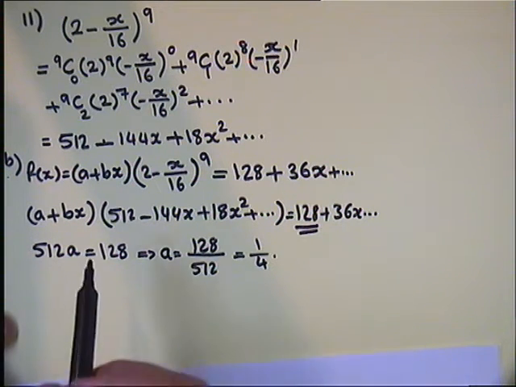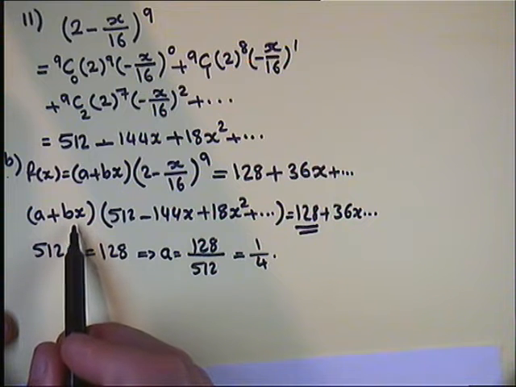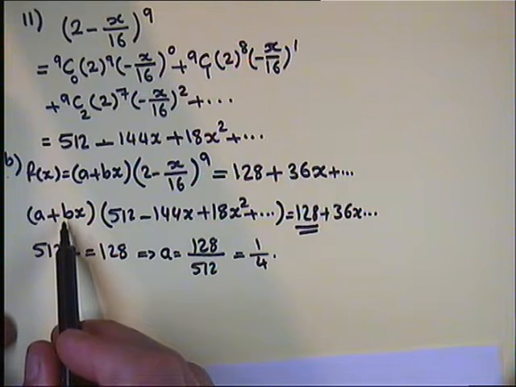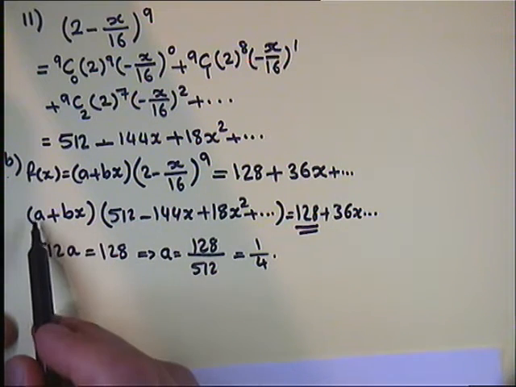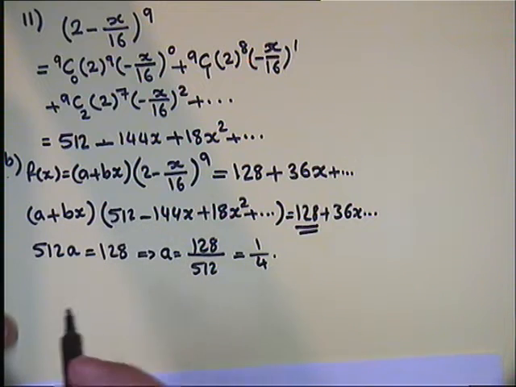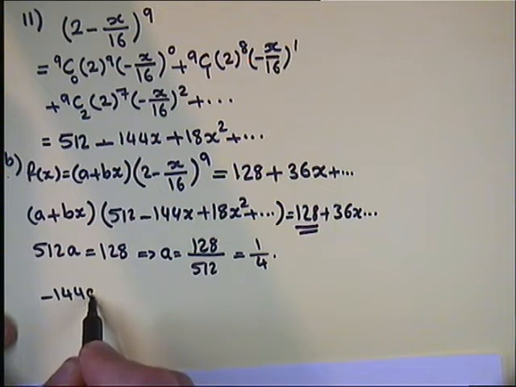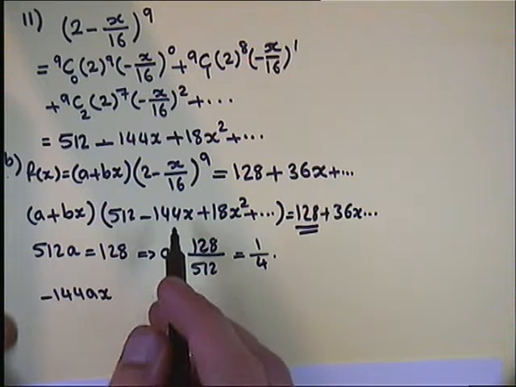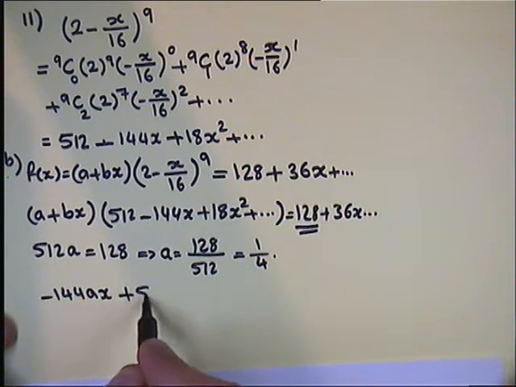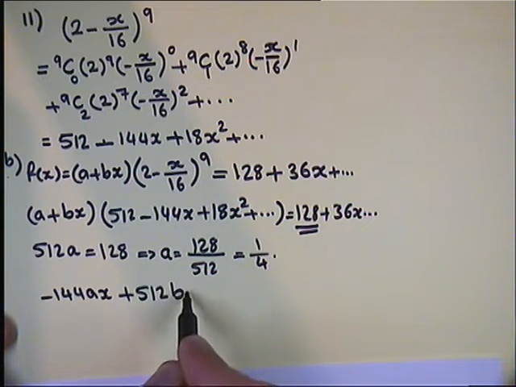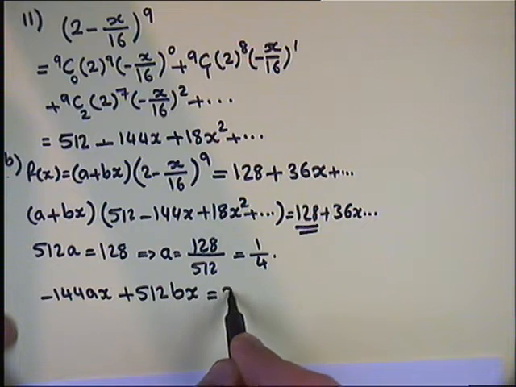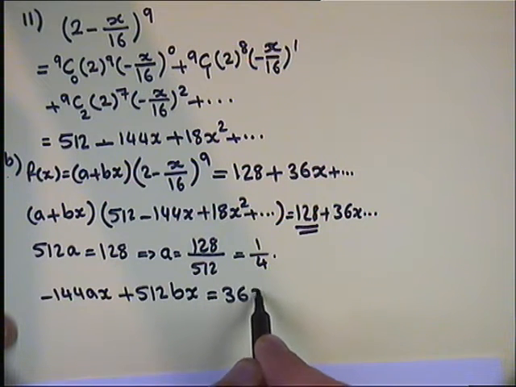So to work out b, all we need to do is find out which terms have got x. A times minus 144, minus 144ax plus 512bx is equal to 36x.